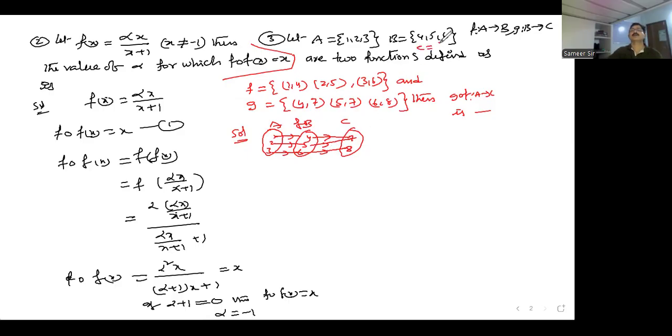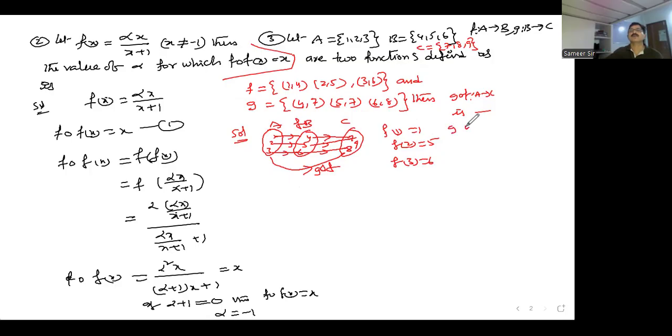Okay, A, B, C. C is given like this; I forgot to write it: 7, 8, 9. So 9 is also there, but unfortunately, there is no mapping for 9. What has he given, guys? f of 1 is equal to 4, f of 2 is equal to 5, and f of 3 is equal to 6.